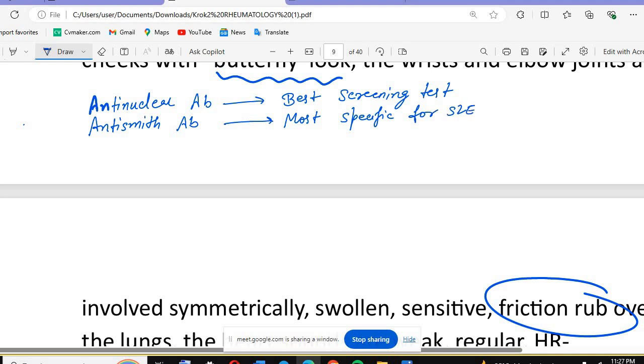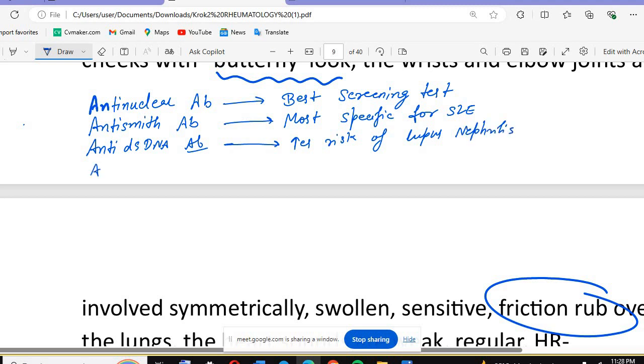After that, we have the anti-double stranded DNA antibody. Remember, if this is present in our body, there is an increased risk of nephritis, lupus nephritis.